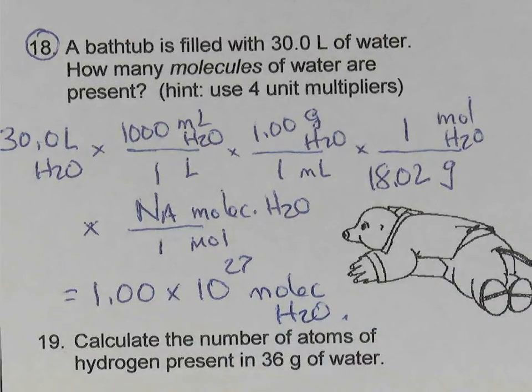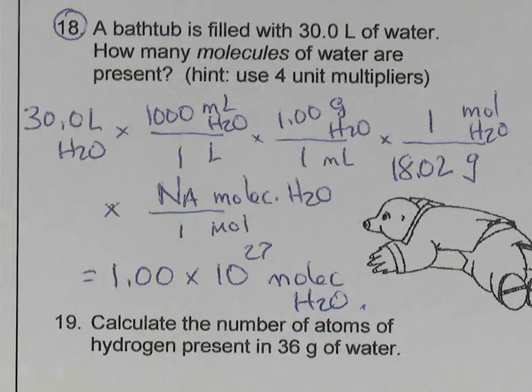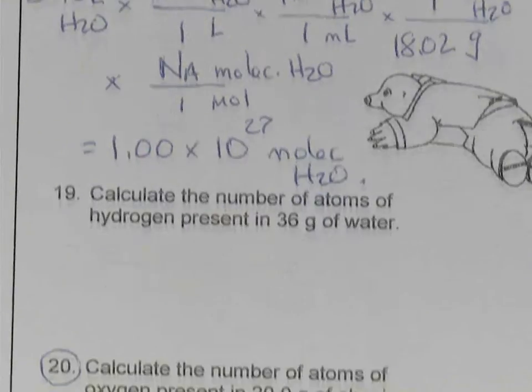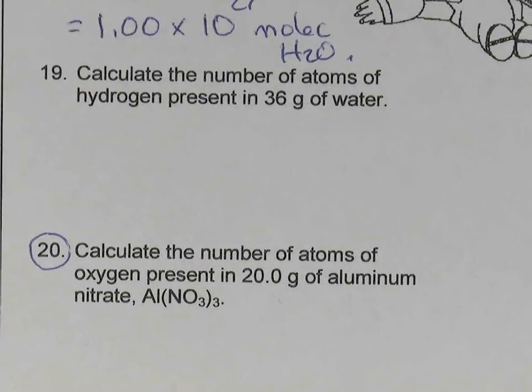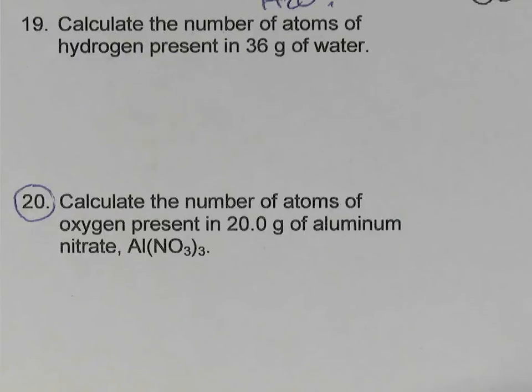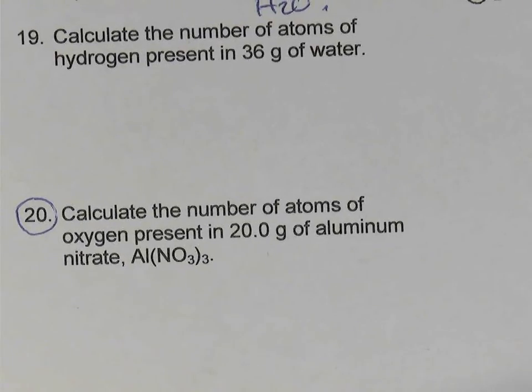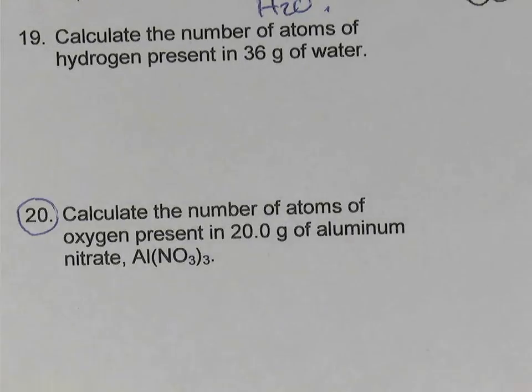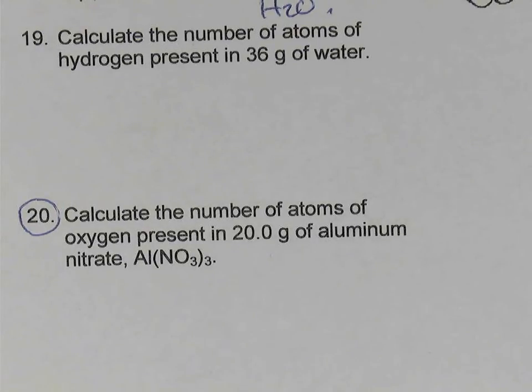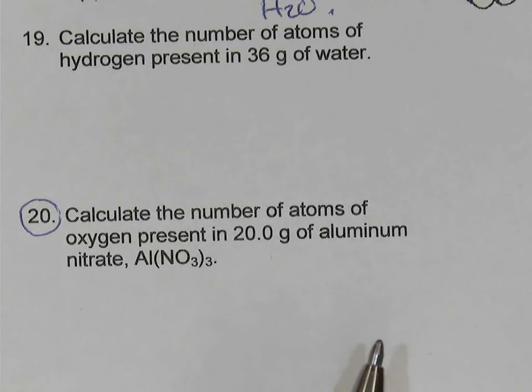The next question on the sheet, number 19: how many atoms of hydrogen are in 36 grams of water? Well, if you've got 36 grams of water, you're going to have a lot of water molecules in there, and then each water molecule contains hydrogen atoms. There's 2 hydrogen atoms, H2O, for every molecule. So the answer here is going to be huge, isn't it? It's going to be bigger than the number of molecules of water. So let's jump in.